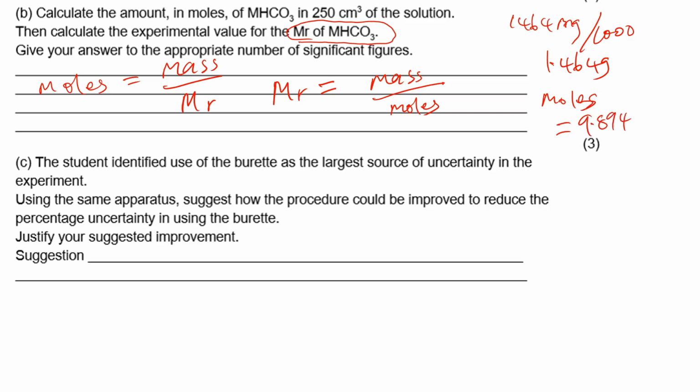Our moles from our previous calculation is 9.894 times 10 to the power minus 4. Let's put those values into the equation. Our relative molecular mass will be equal to 1.464 divided by 9.894 times 10 to the power minus 4.